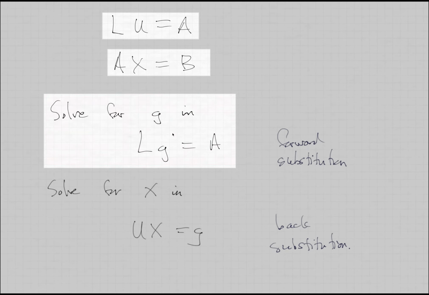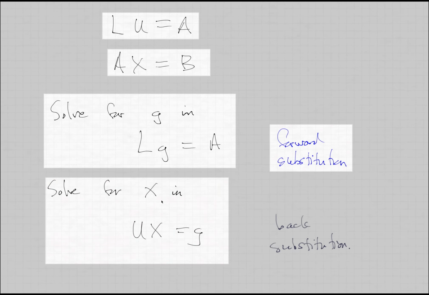We define g to be equal to U times x, and therefore we solve for g in the equation Lg equals b, by forward substitution. Then, having figured out what g is, we solve for x in Ux equals g, and this is easily done using back substitution. So if we know what L and U are, we can easily get the solution without much work.